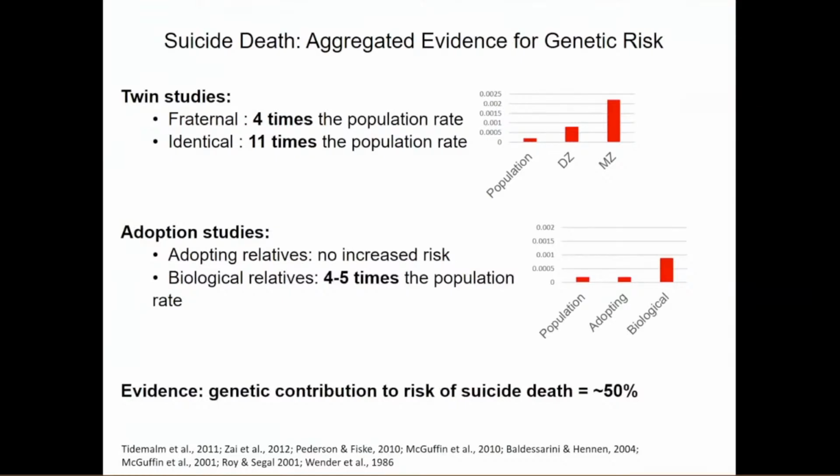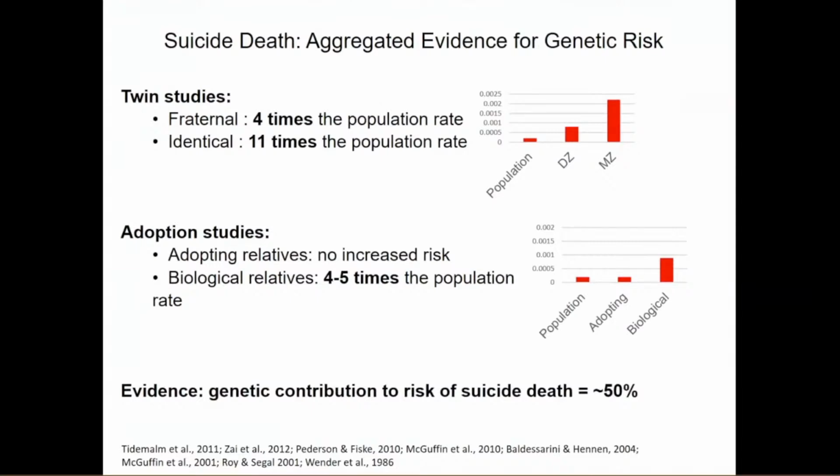One of these is a natural, interesting human experiment, looking at twin studies. You can look at identical twins who share all of their genes and compare those to fraternal twins who share half their genes on average, just like full siblings. And to the extent that a trait is more concordant in the identical twins versus the fraternal twins, you can make some conclusions about the genetic contribution to that trait.